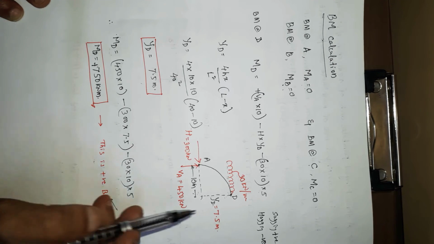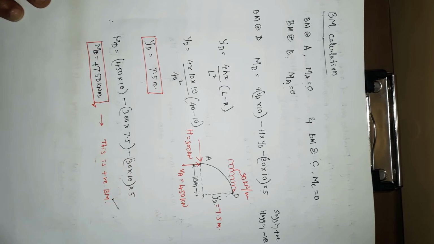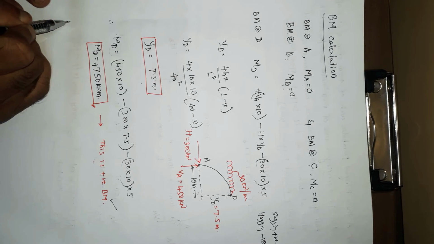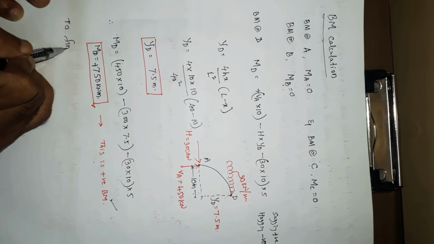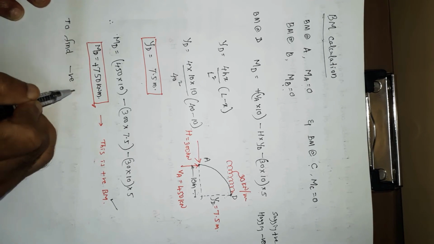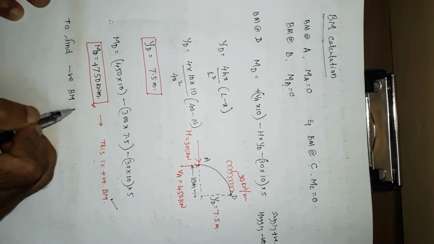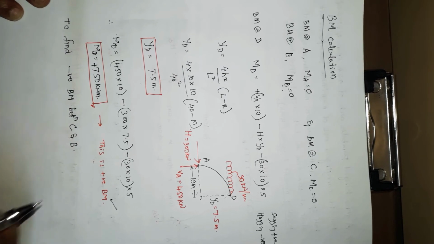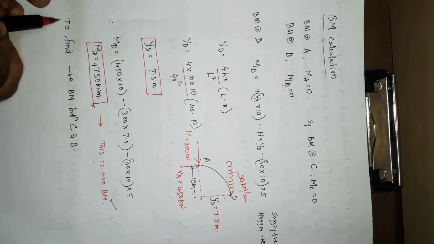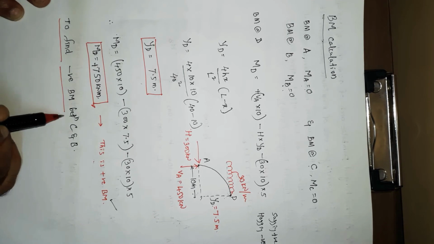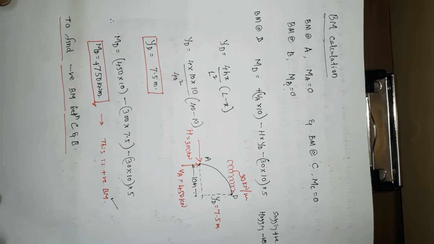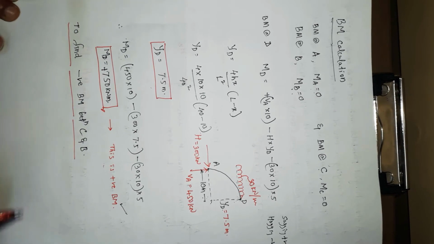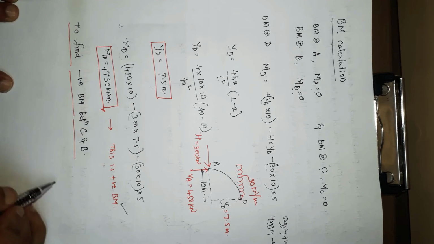Now in portion CB we have to calculate the negative bending moment. So we have to calculate what will be the negative bending moment between C and B. You can see the sketch.